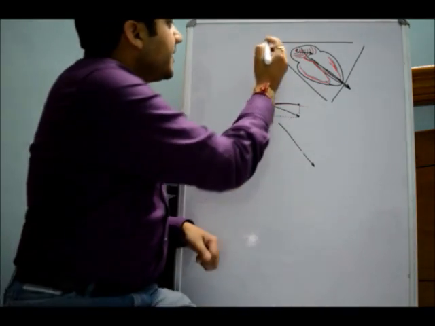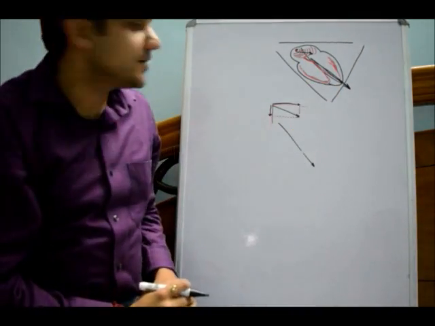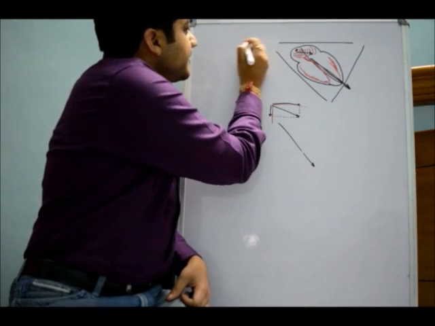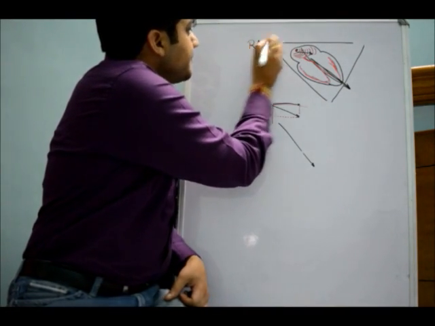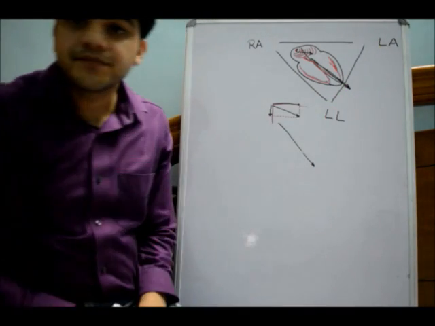These three corners of this triangle represent the right arm, the left arm, and the left leg.